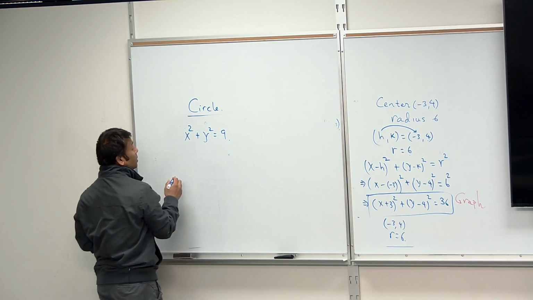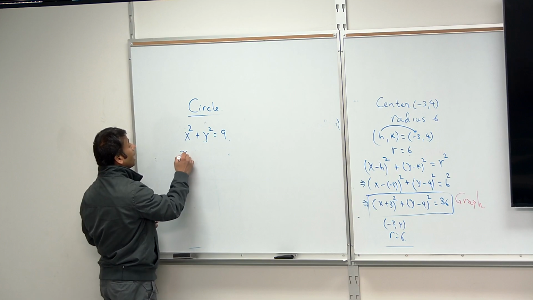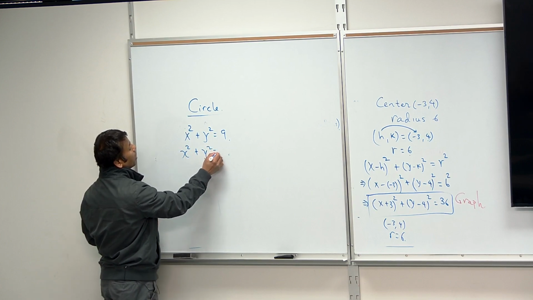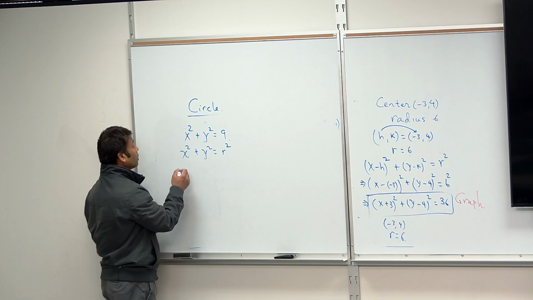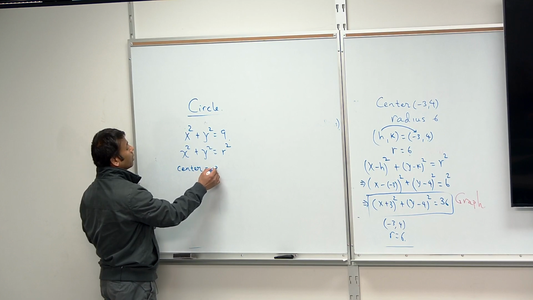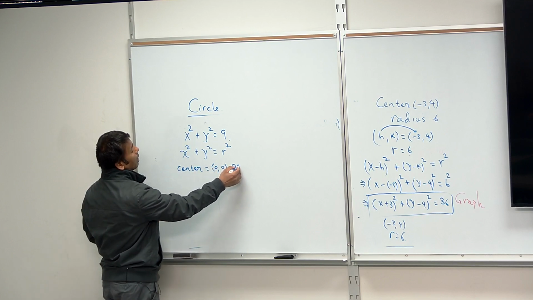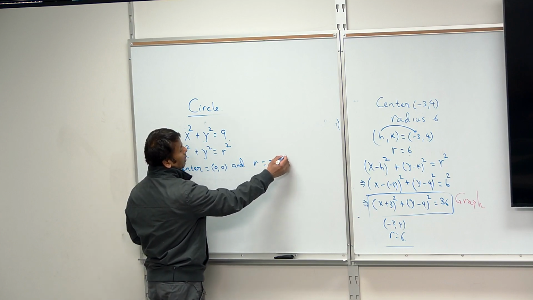You know the equation of the circle having center origin and radius r units is x square plus y square equal to r square, right? So you compare: the center is 0, 0 and the radius r is 3 units.